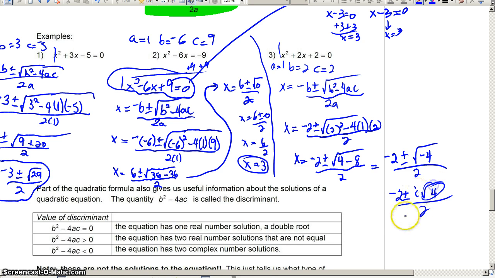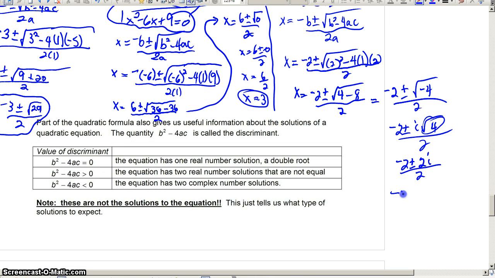And what's the square root of 4? Well, that's just a 2, so this is a 2i. And then we could even simplify a little bit. We could separate this into 2 distinct fractions. Final answer would be negative 1 plus or minus an i. That's the 2 complex solutions that we'd wind up with.